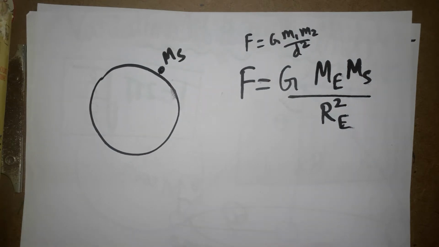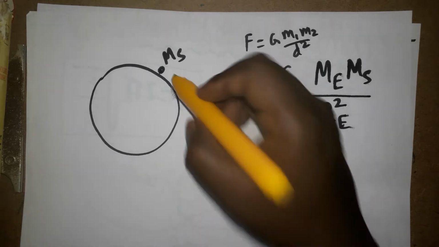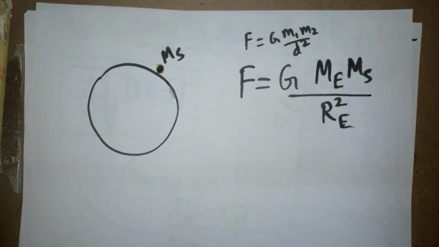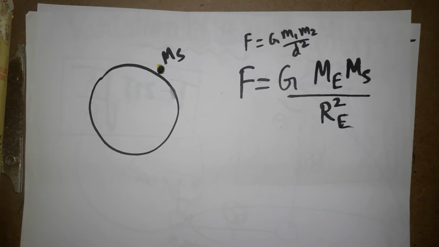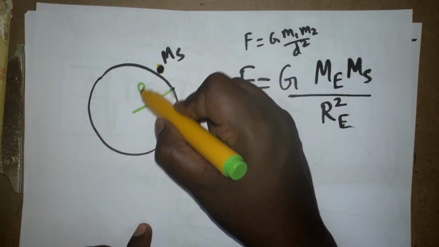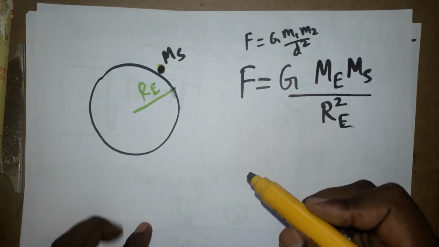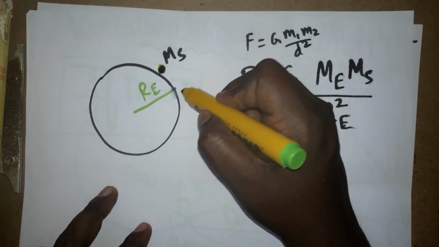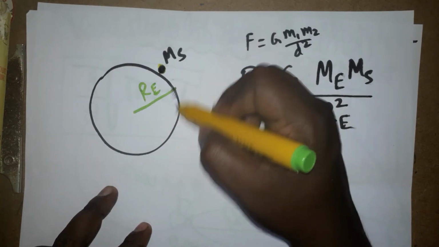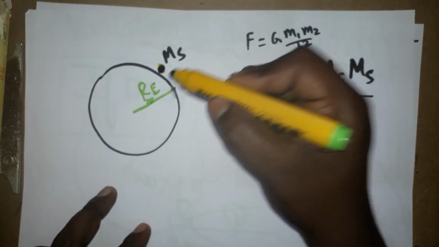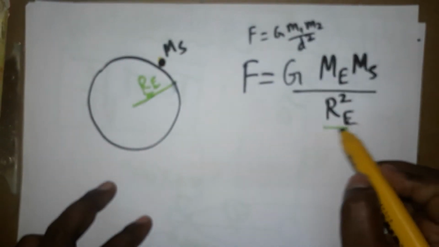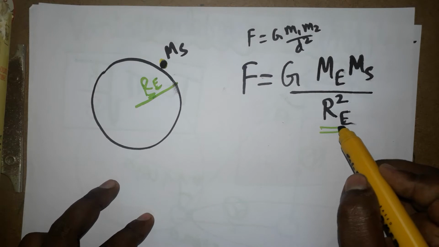For an object on the surface, its own radius will be negligible. Even if it is an apple, the apple's radius is negligible compared to the earth's radius of 6400 kilometers, so instead of d, I take r.